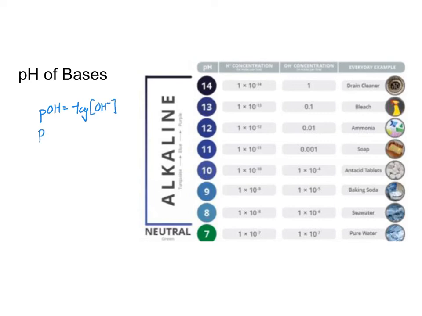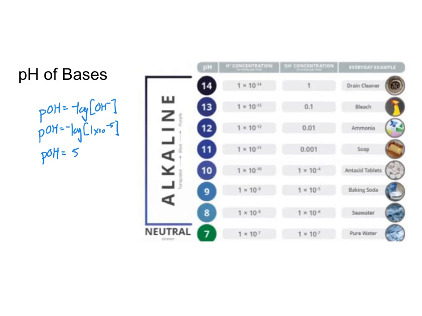So if I wanted to calculate, say, the pOH of baking soda, I would take the negative log of 1 times 10 to the minus 5. And I would get a pOH value of 5.